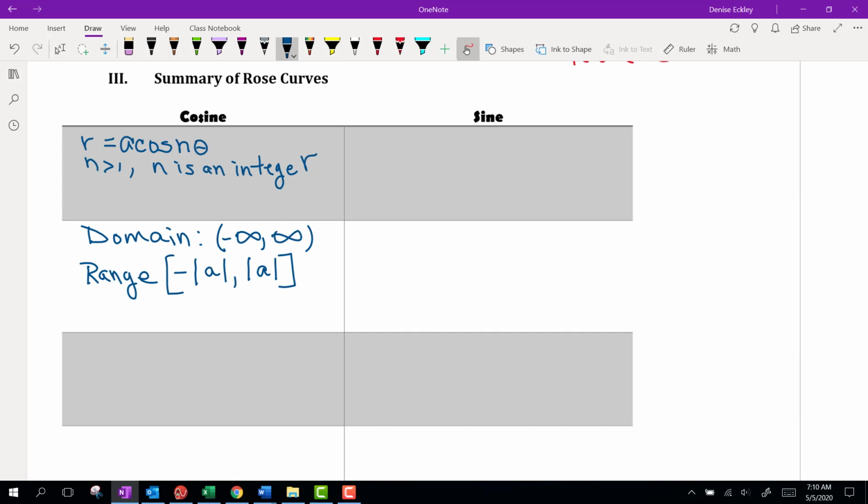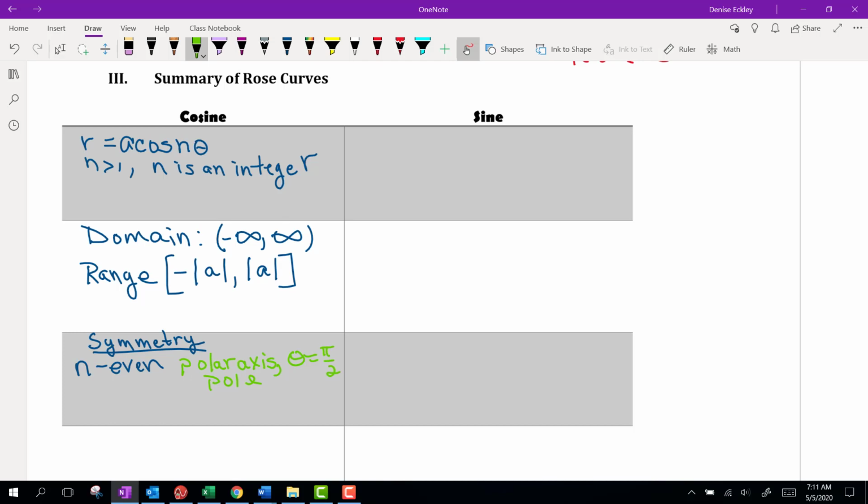And then our symmetry for cosine looks like this. If n is an even number, we have polar axis, and we have theta equals pi over 2, and we also have pole symmetry.